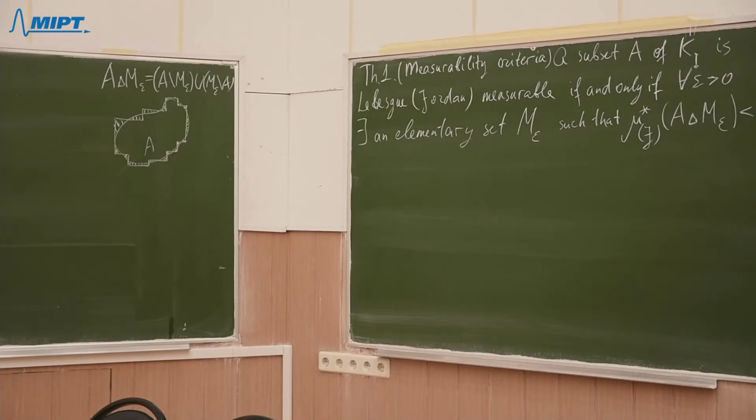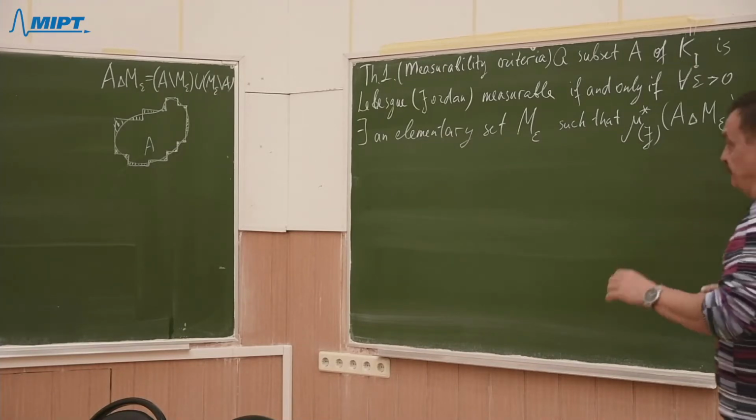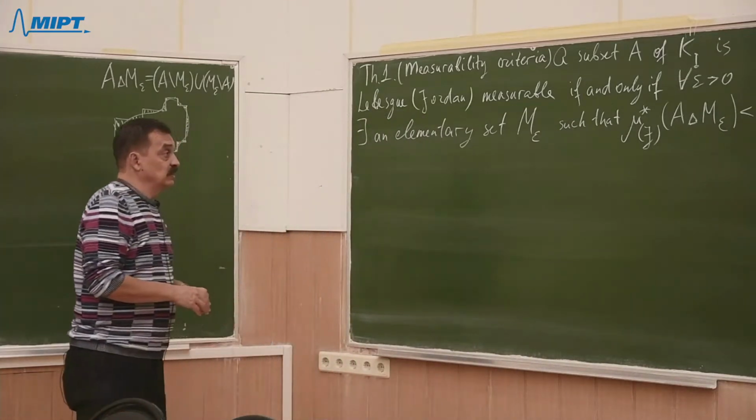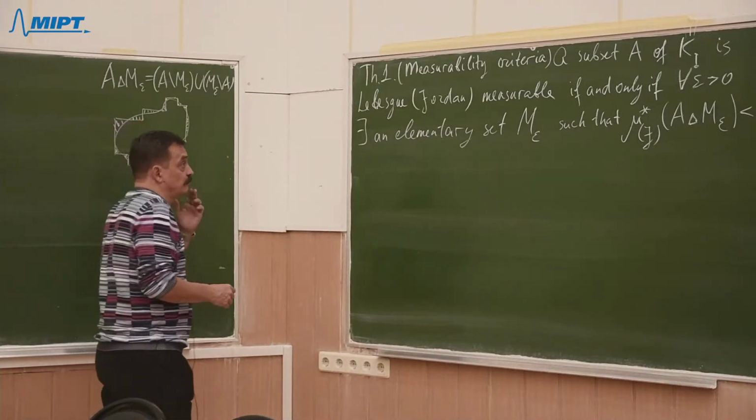And recall that outer measure means that we can cover by a sufficiently small amount of intervals. Okay. Proof.